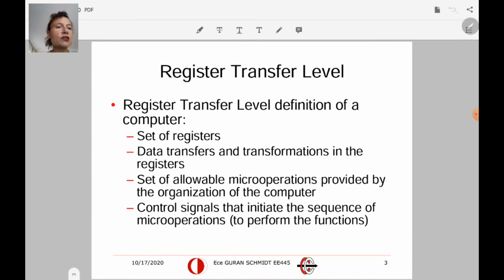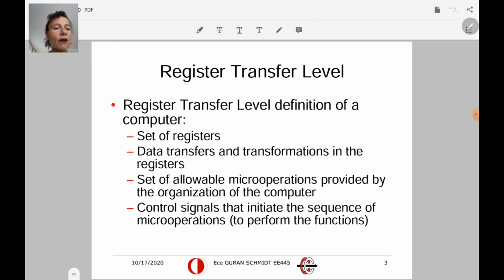The register transfer level is a way of describing a computer device. You have the set of registers, and you identify the data transfers and manipulations on the data in the registers. You identify the set of allowable microoperations, which comes from the organization of the computer.